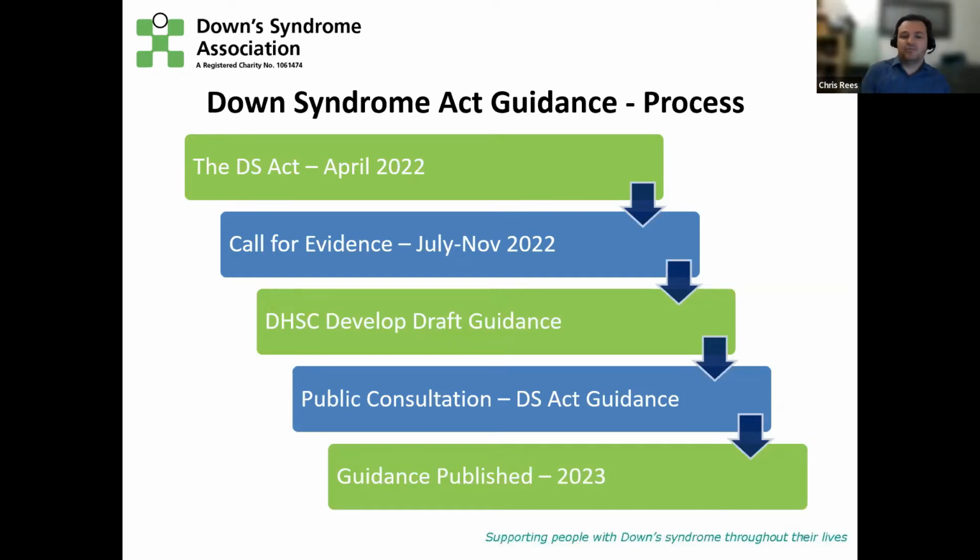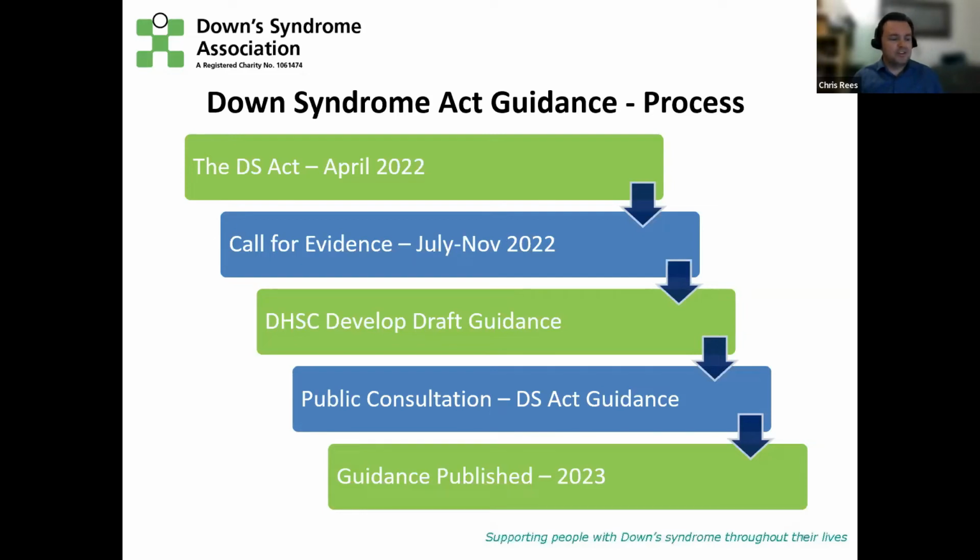The next public consultation will literally be: here is a draft bit of guidance, and the questions will be based on that guidance, such as, we disagree with chapter 2's focus. So the second consultation will be much more focused on the actual statutory guidance itself. Then DHSC will take away all the evidence from that consultation, and at some point publish the final version of the guidance.